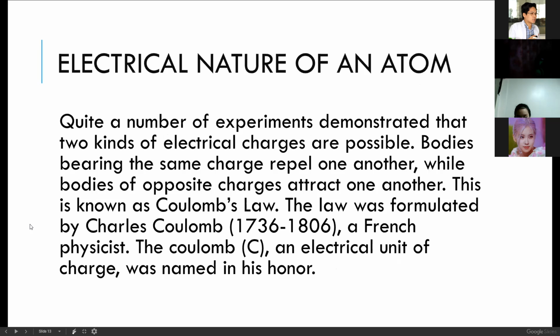This is known as Coulomb's law. The law was formulated by Charles Coulomb, a French physicist, between 1736 and 1806. The coulomb, with the symbol C, an electrical unit of charge, was named in his honor.